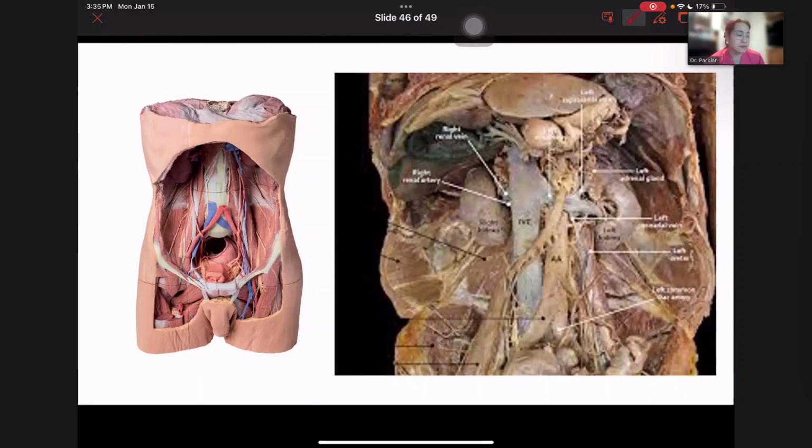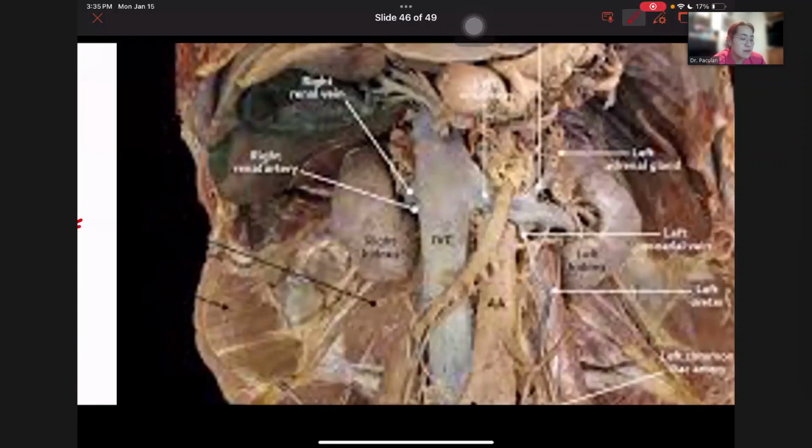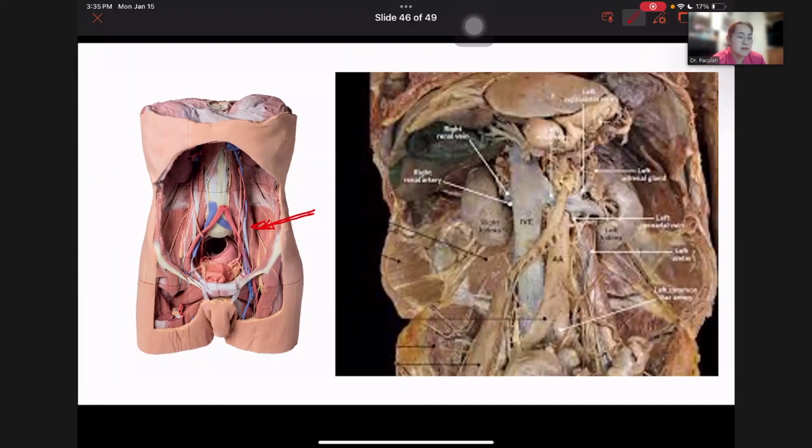So we have the one that covers the psoas muscle, that would be your psoas fascia. What else? The lumbar fascia. The thoracolumbar fascia, that is attached to the vertebral column medially.